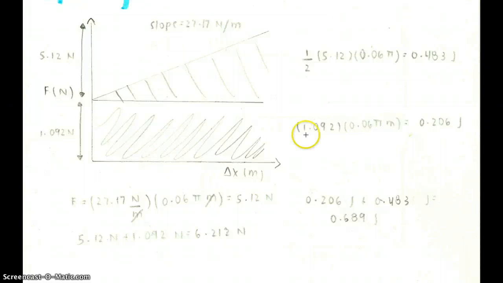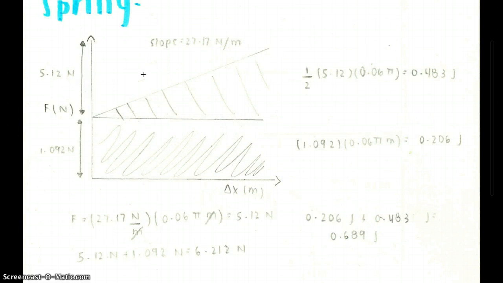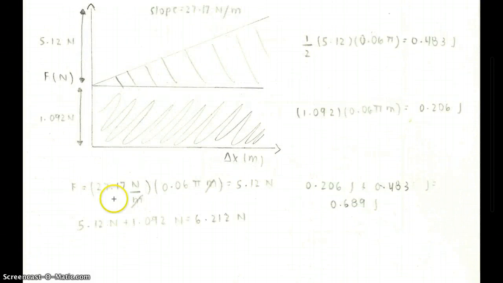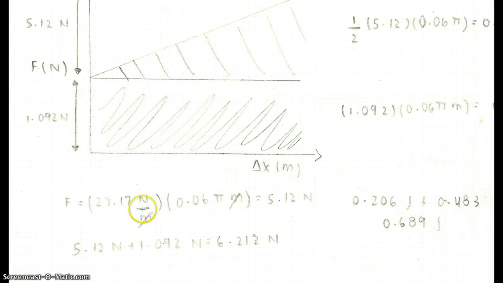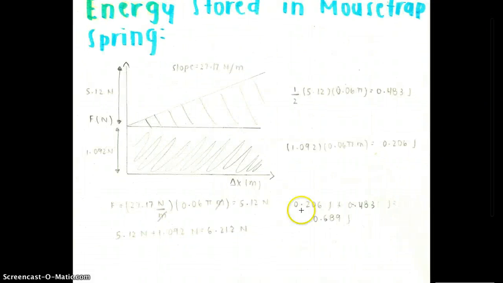0.206 joules. And for the triangle, to find the base, we did the slope of the entire graph, which is 27.17 newtons per meter, times the base, 0.06 pi meters, which equals 5.12 newtons.